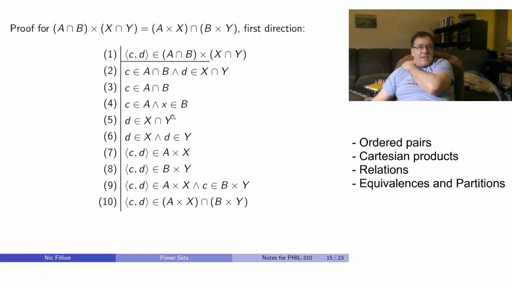So D is in X intersection Y, from which it follows that D is in X and D is in Y as well. Easy.